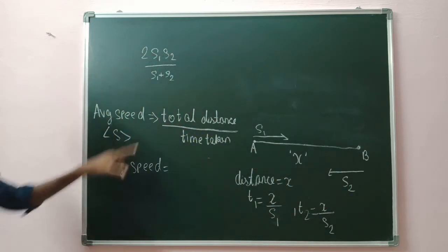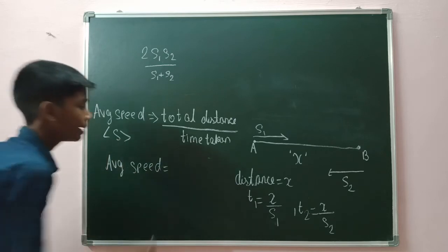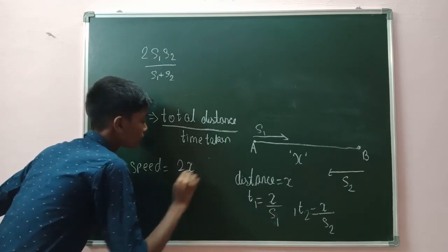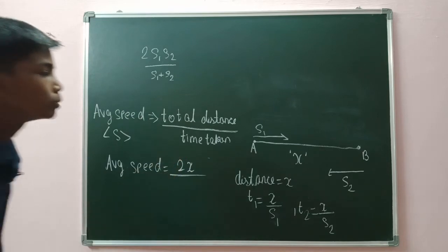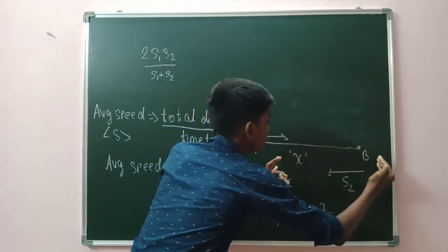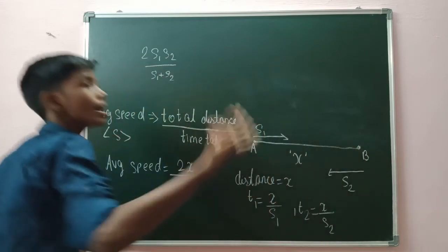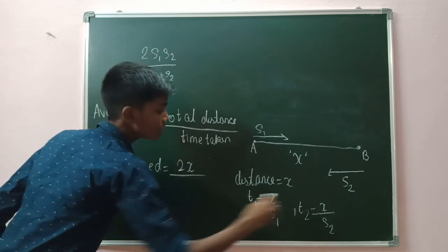As we are having two trips, total distance will be 2x, because going from A to B is x, and coming to A from B is another x, so x plus x is 2x. The total time taken is T1 plus T2.